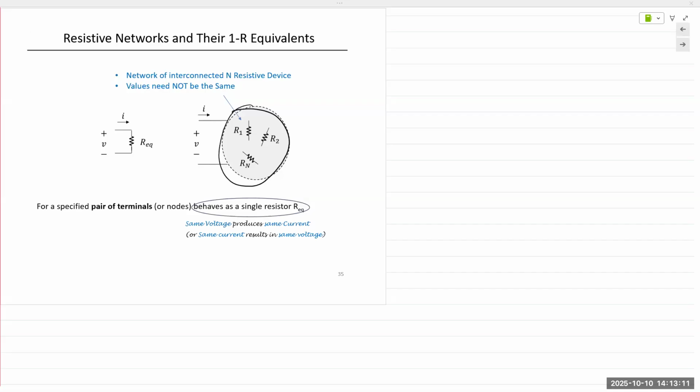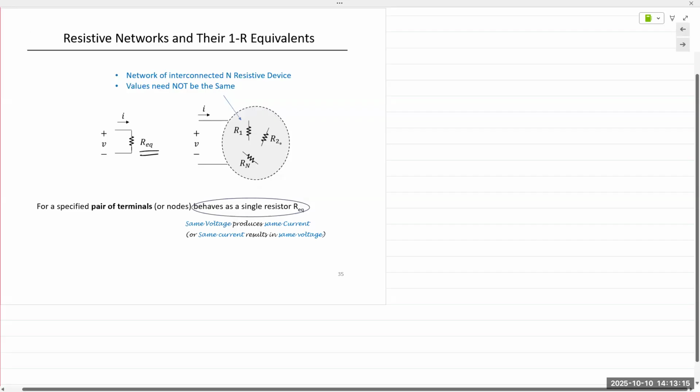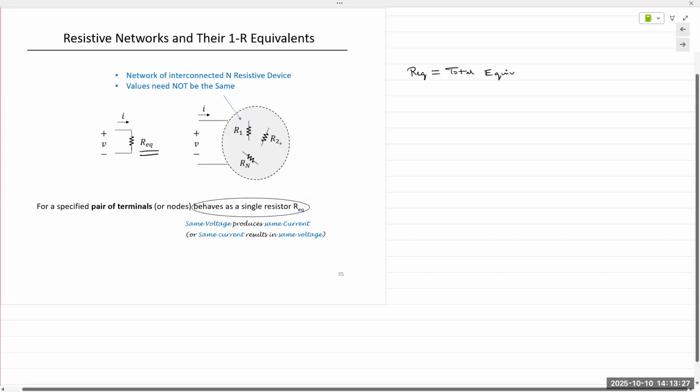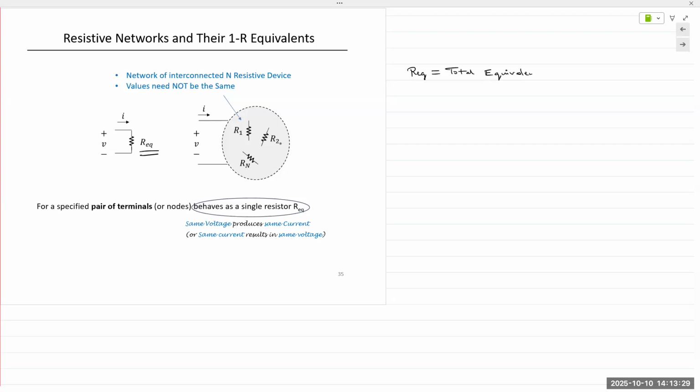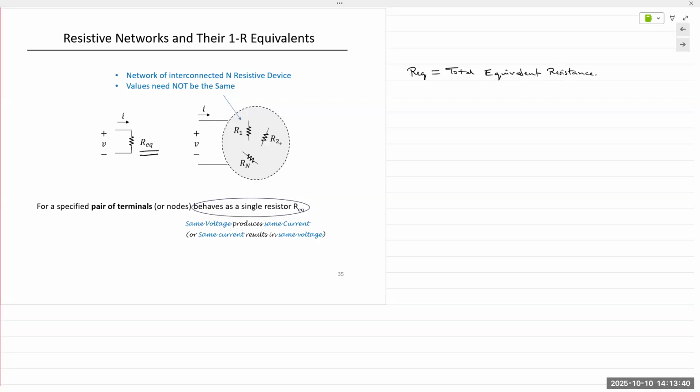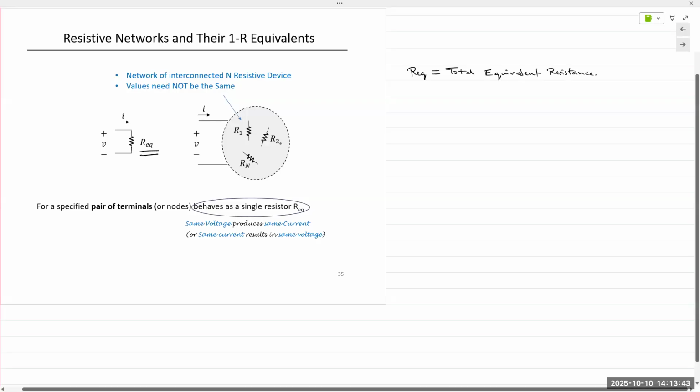Also, another important point to keep in mind is this REQ, which stands for the total equivalent resistance as seen by the source, is different between any 2 points in a resistive circuit.